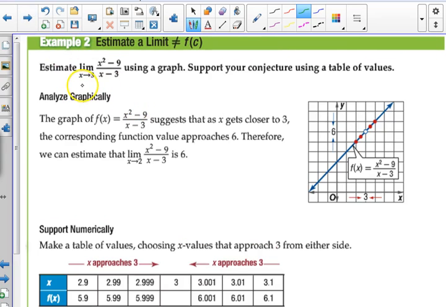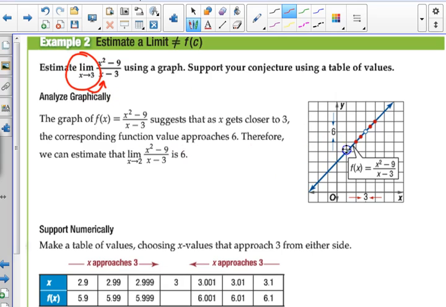This graph, you can't do that. Why can't we just shove a 3 in here and get an answer? Because it has an asymptote or a hole or something at 3, right? Because it makes the denominator 0. That doesn't mean that there can't be a limit, okay? When plugging the value in makes the function undefined, we can still have a limit.